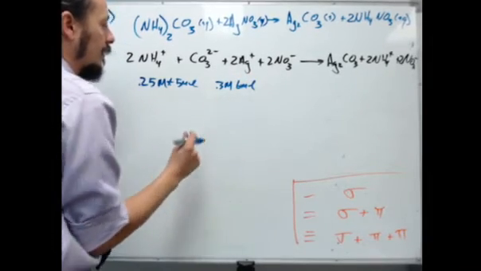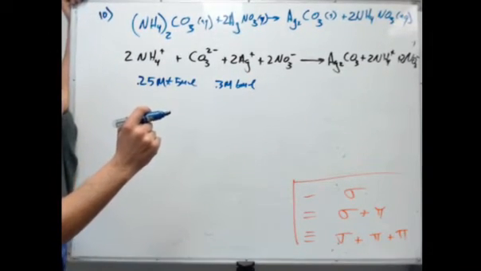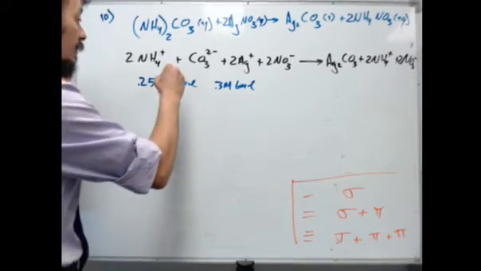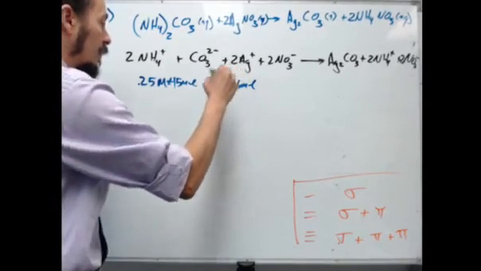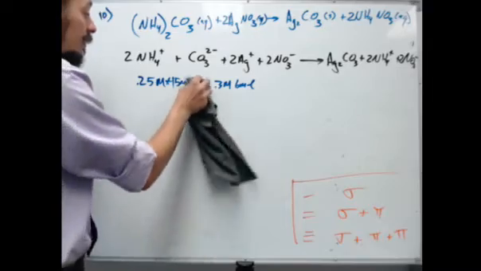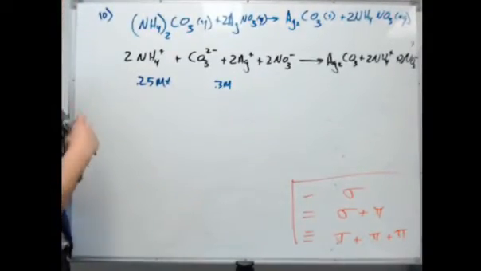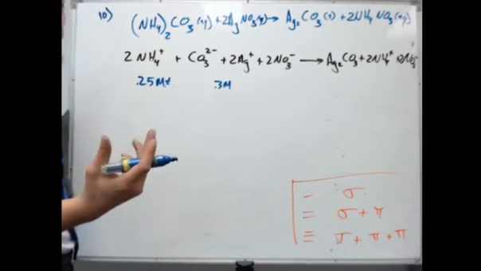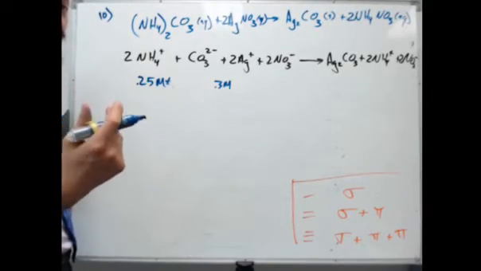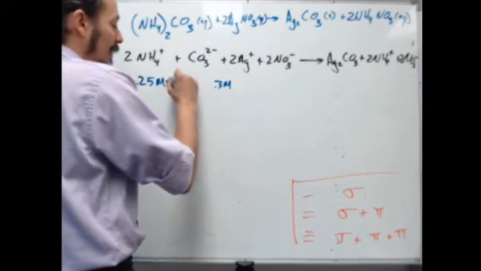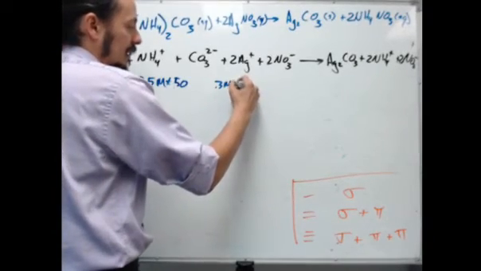Wait, it's 50 and 60 milliliters, not 5 and 6. Yeah, you're fine. 50 and 60. Doesn't matter, right? Like 50, 60, 5, 6, 0.5, 0.6. The ratio is going to be the same. But let's go ahead and do 50 and 60.